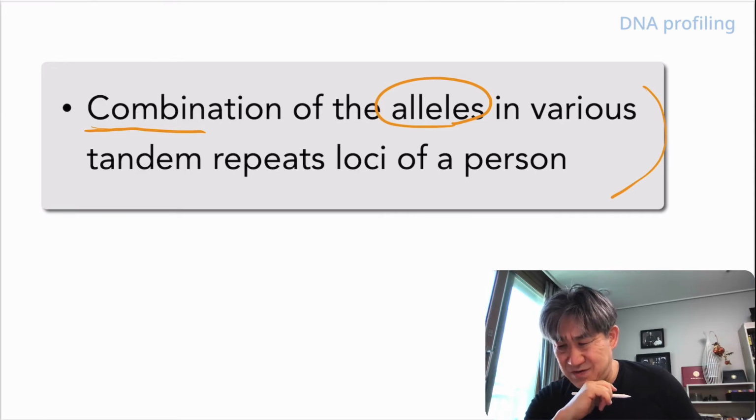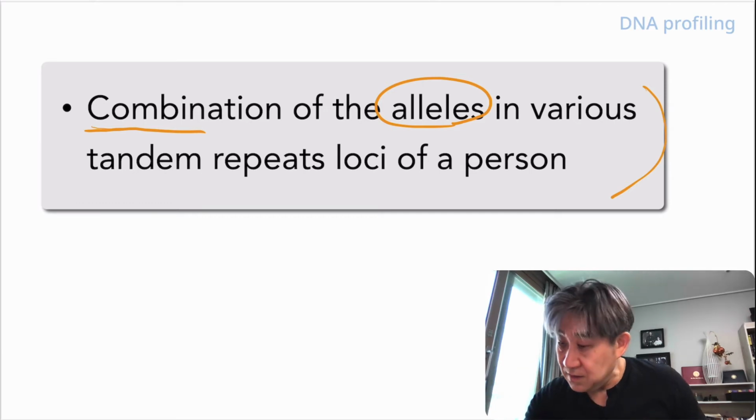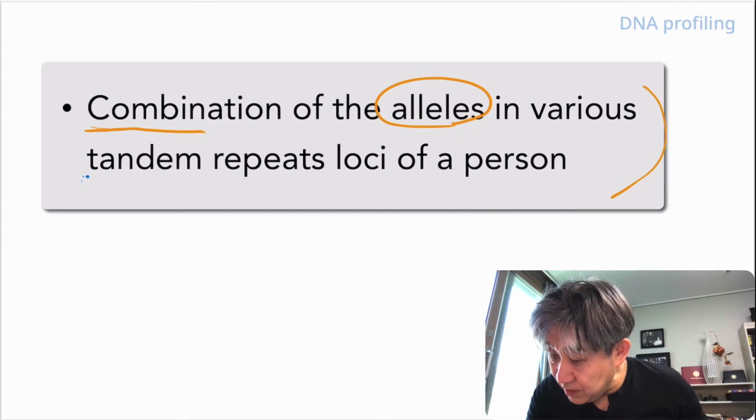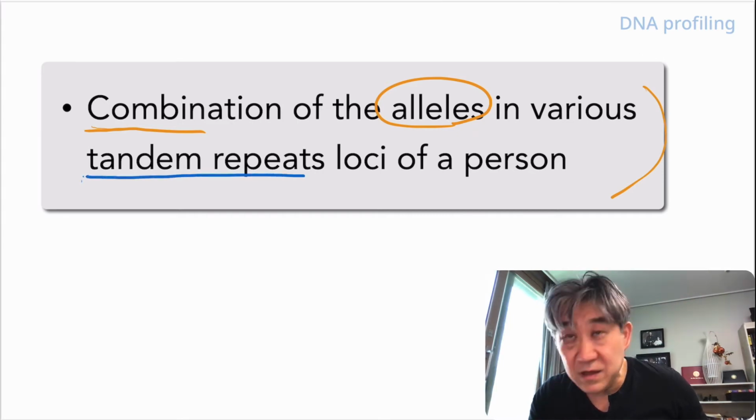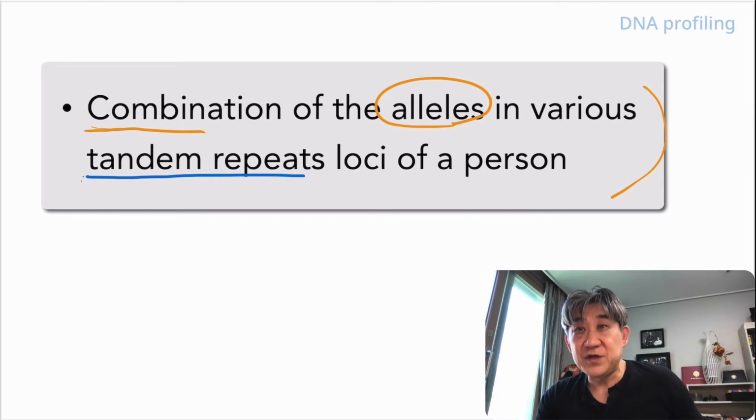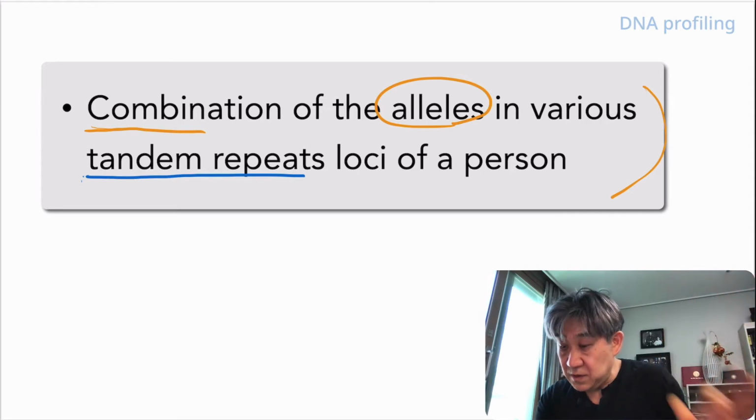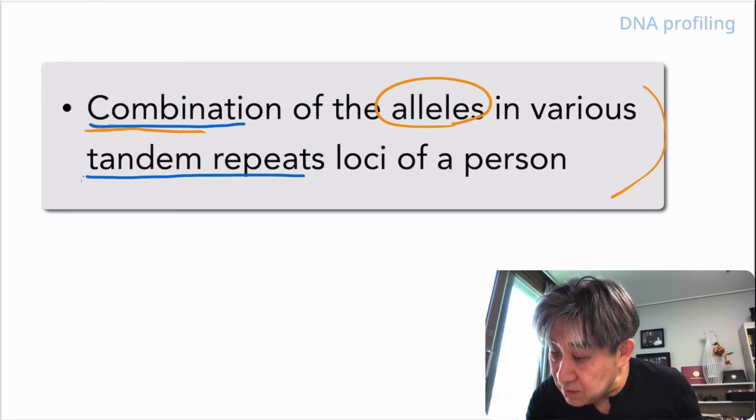So what is the combination of the alleles in various tandem repeats? The one thing we could at least try to figure out and hopefully understand is the tandem repeat, because I have just explained what tandem repeats are. And what do I mean by this combination?